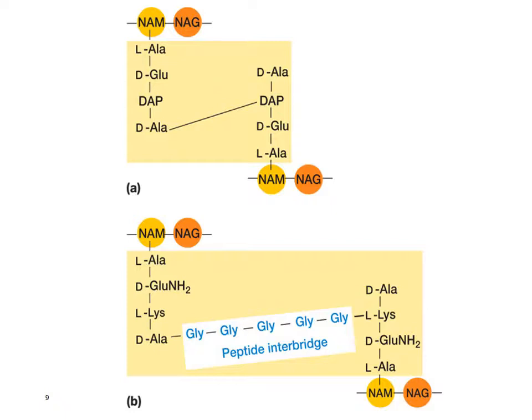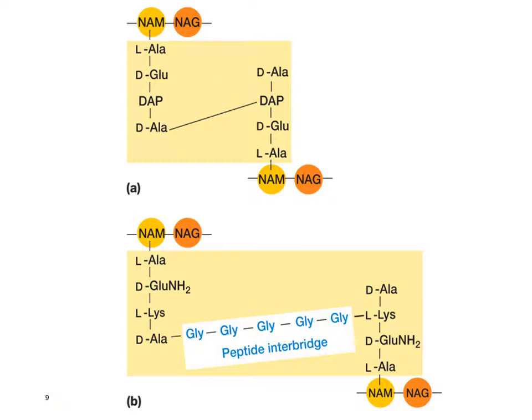So at the top we can see an example of 2 E. coli peptidoglycan subunits, and they're directly cross-linked between the alanine of one subunit and the DAP amino acid of the second subunit of peptidoglycan. So this is what would normally occur in many of the gram-negative bacteria, including E. coli.